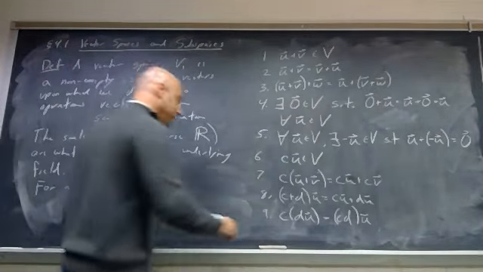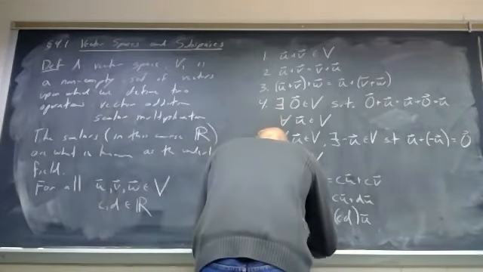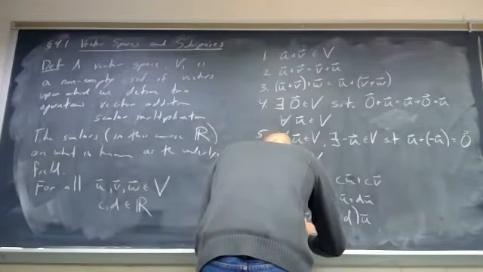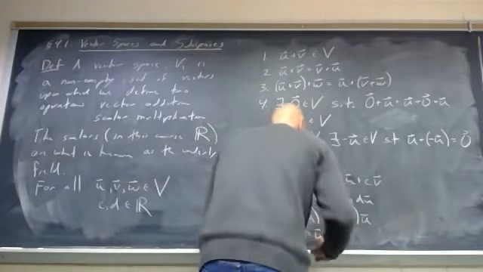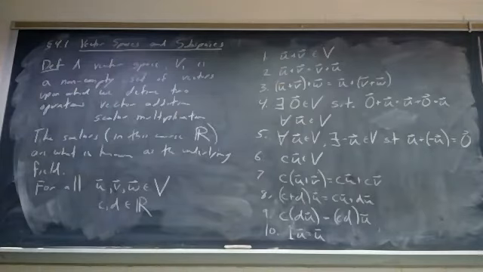And lastly, 1 times u equals u. Those are the rules for the game of vectors, the axioms of vector spaces.